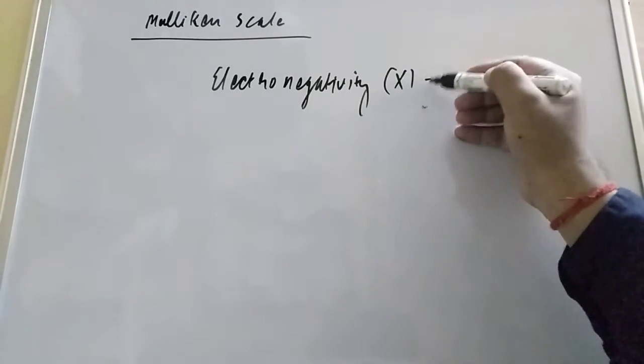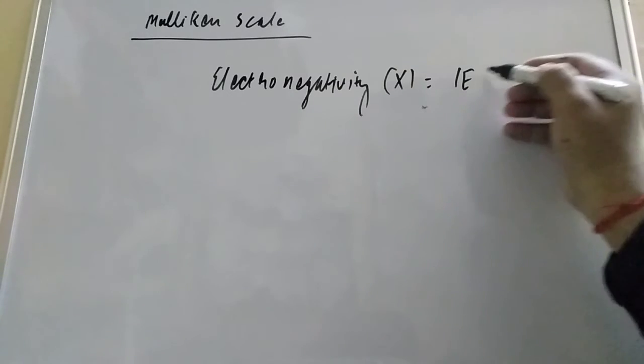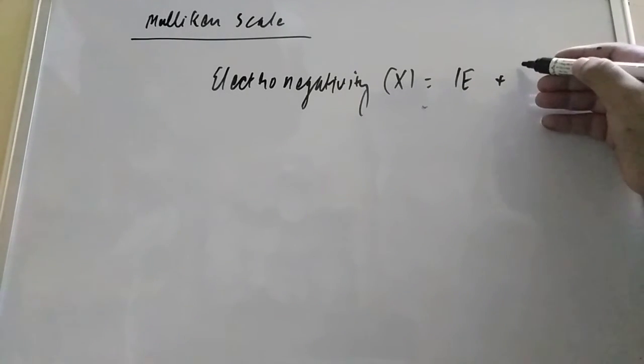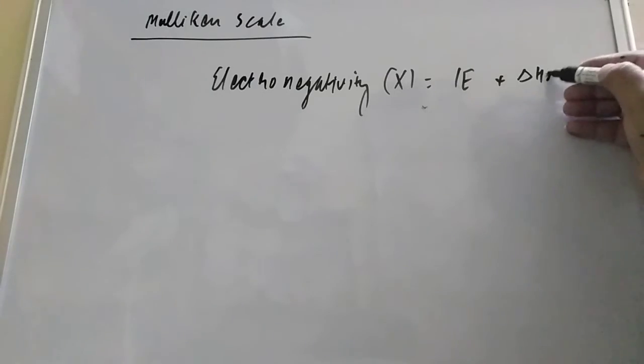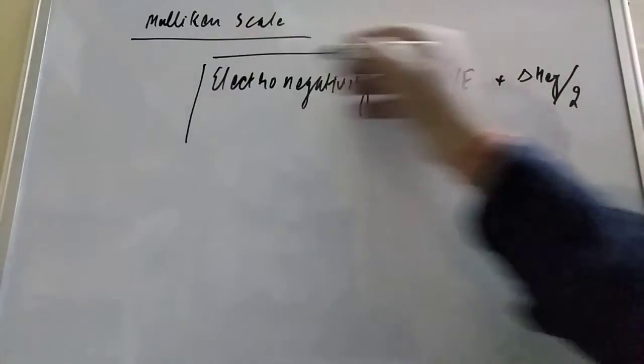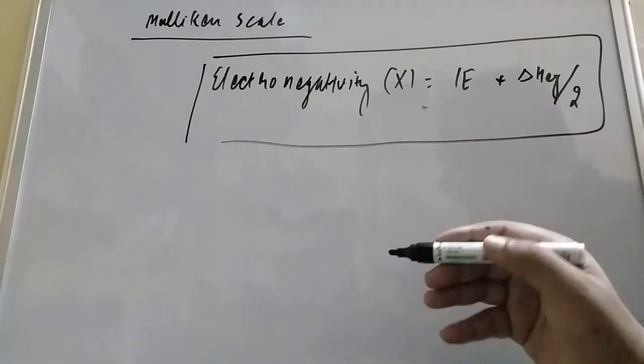Electronegativity X equal to, for atom X, ionization enthalpy IE plus electron gain enthalpy delta HEG, divided by 2. This is the Mulliken scale.